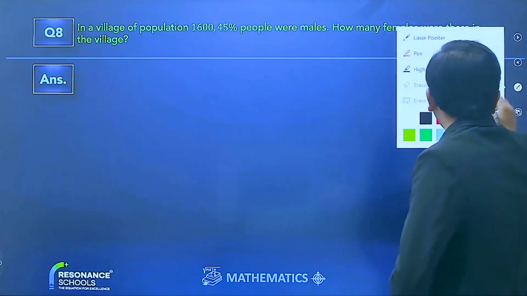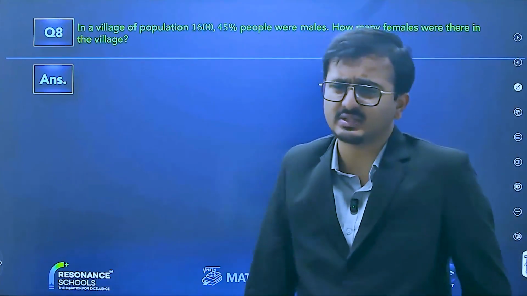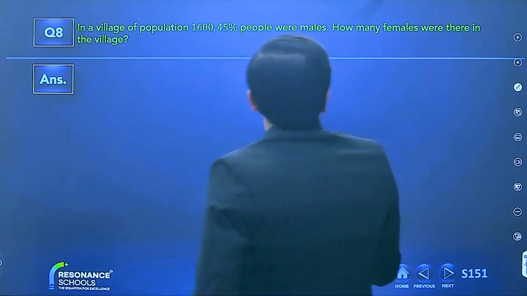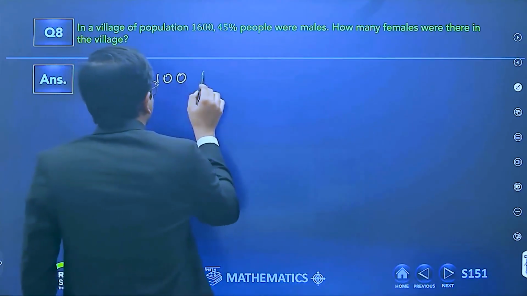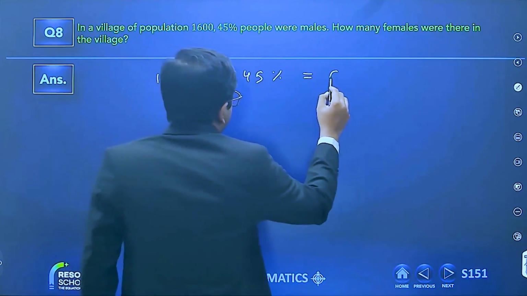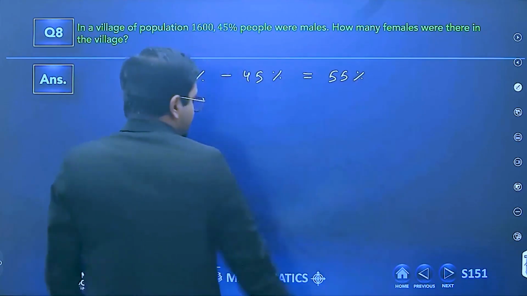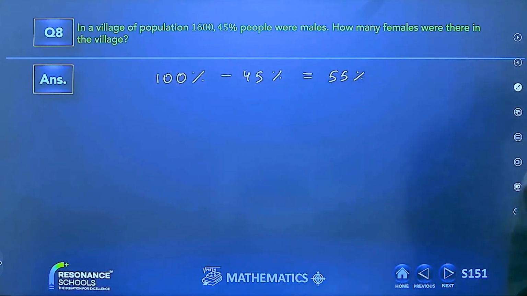Why I was waiting, I was thinking that some of you would do calculation here. Not at all needed. If male is this, how much will be female? Directly you can do 100% minus 45. You will get 55. Absolutely correct, everyone. Very good.